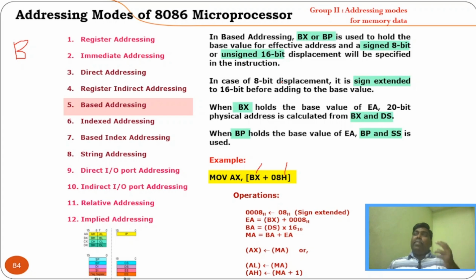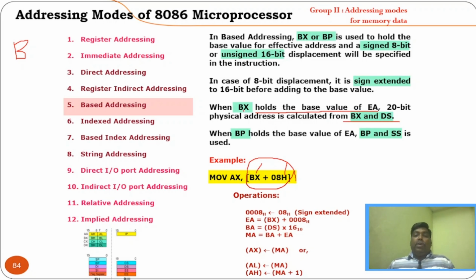And apart from that base value, you will have a displacement value, where the effective address is the combination of this base value and the displacement value, right? And when BX holds the base value, the effective address is calculated from DS and BX. I already said how to calculate the physical address, right?